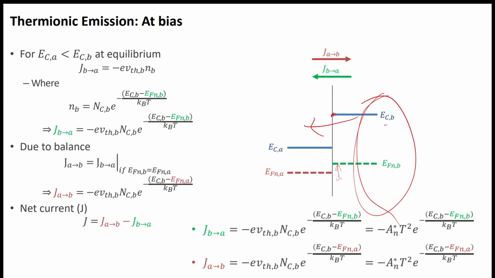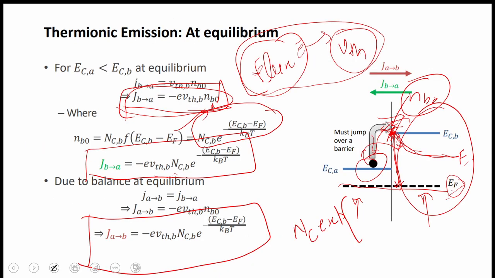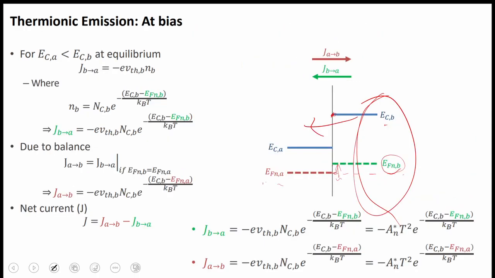Now the current will be different because of the concentration of the electrons at this position, which is given by ECB minus EFNB. Previously the Fermi level was at this position, E of FNA, that you can see both were at the same level. Now as we have applied bias, we have increased the energy of the electrons by this amount.